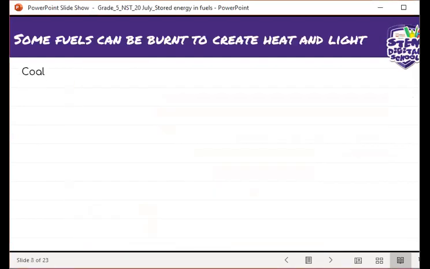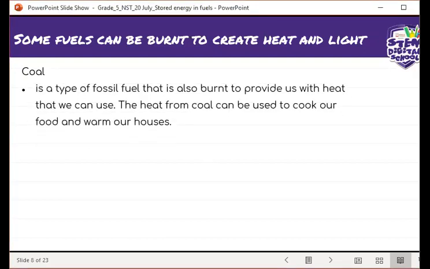Okay, so the next fuel that we're going to look at, you might have also heard Faith read about it, is coal. All right, coal. And so let's see what we have here about coal. Coal is a type of fossil fuel that is also burned to provide us with heat that we can use.